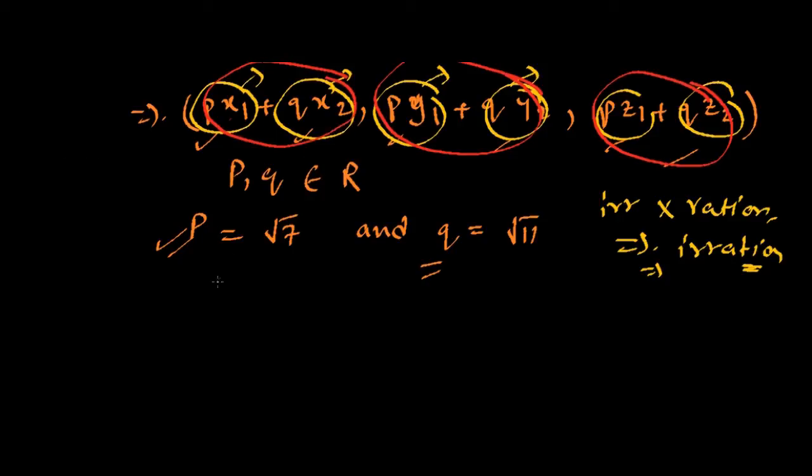So the components of this particular vector are irrational.